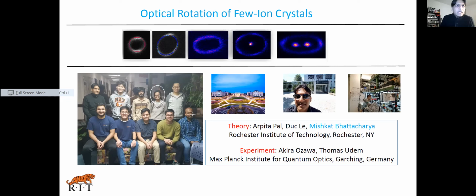She's done an outstanding job of coming up with this theory, basically developed from the ground up, because this is a new direction for our group. I'm an ion idiot. I didn't know anything about ions, and actually probably don't even know now. But she has developed the whole code, and you'll see that she has generated a theory which has excellent agreement with experiment. She handled the numerical part of the work.